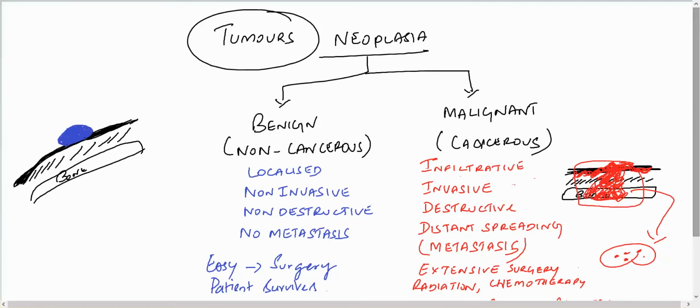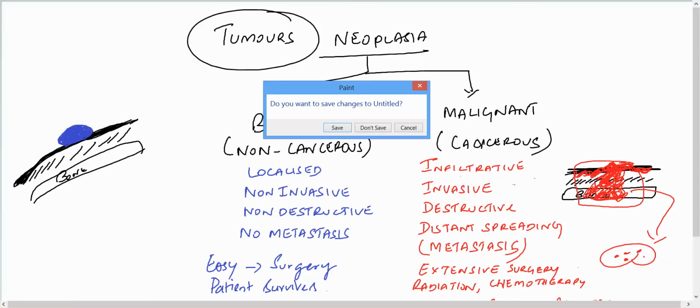Now we are going to see about the terminologies, how they call the benign tumors and the malignant tumors. Now benign tumors can come from the epithelium, that is called parenchymal origin of benign tumors.